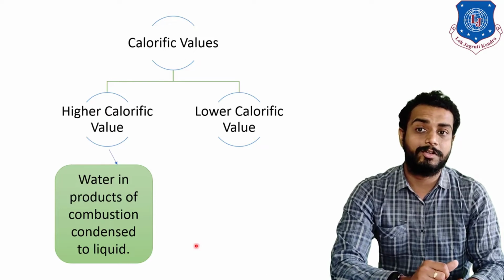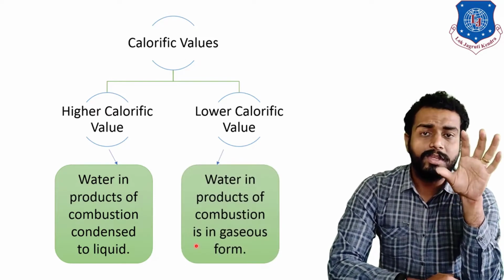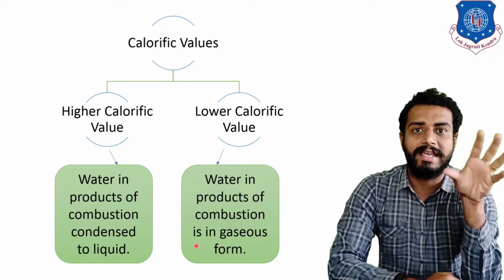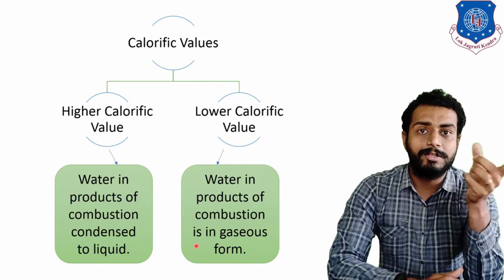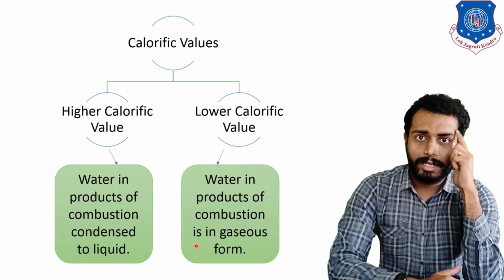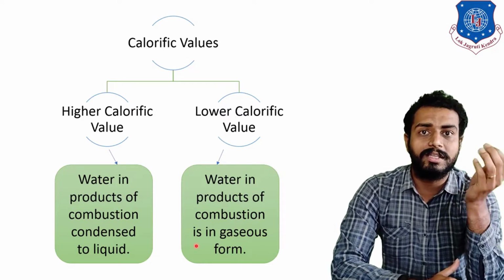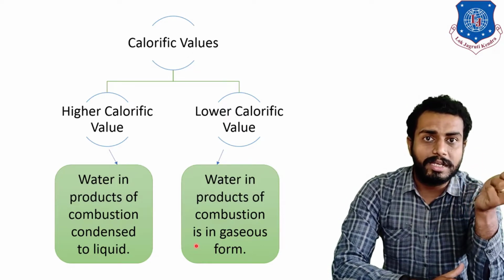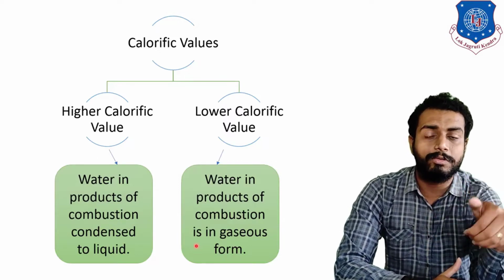Now the question might arise in your mind, sir, why is it so? Because, see, in this case H2O is in gaseous form. Now, if you want to convert the H2O gas into H2O liquid, then just think logically. What you have to do? You will have to reject the heat, because during condensation, H2O gas to H2O liquid, you have to reject the heat.